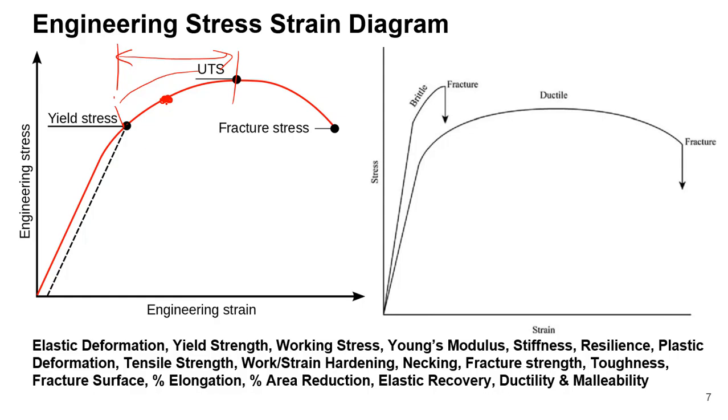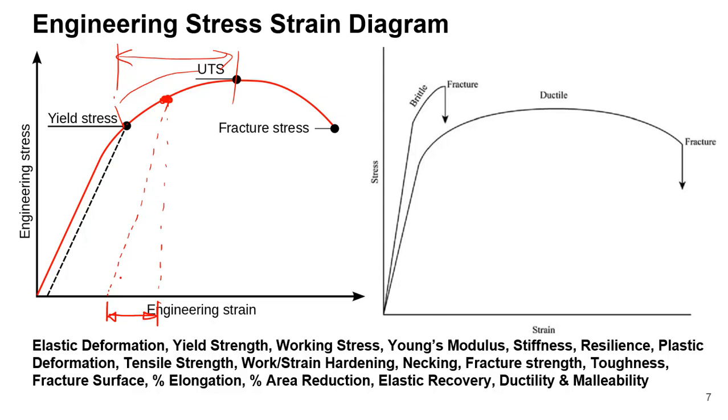If you unload the material, then some amount of deformation, remember, some amount of deformation will be recovered, like this. So this much of deformation, this much of strain, will be recovered.